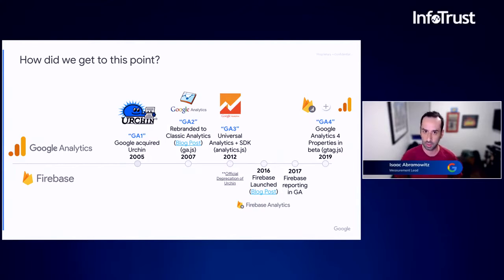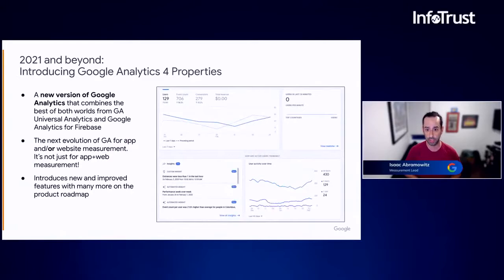So if we fast forward to 2019, that is the launch of Google Analytics 4 properties. Now, GA4 properties is not necessarily the Google Analytics that you're used to from days past. GA4 properties is a new version of Google Analytics that combines the best of both worlds of what we have in Universal Analytics today, and also GA for Firebase for app measurement.